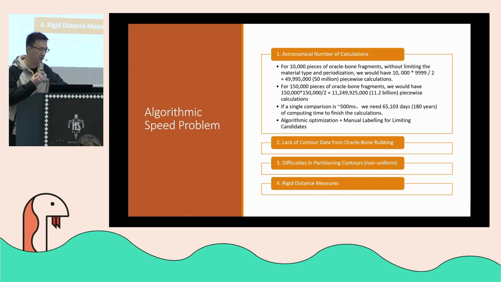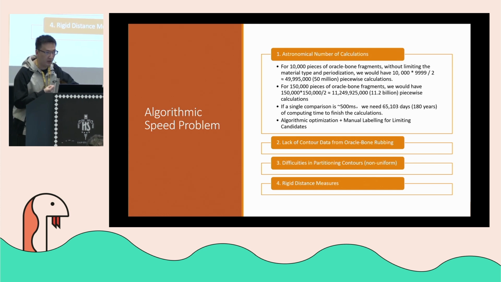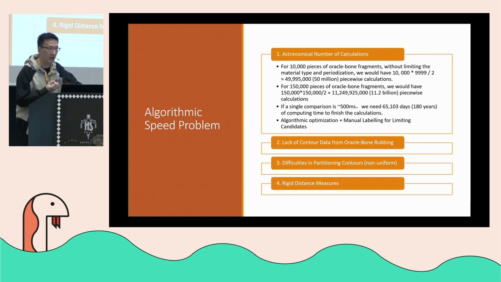So the first and foremost is the sheer number of calculations needed, because given a data set of n pieces, you have n to the power of 2 combinations, because you don't know which 2 are compatible, and you have to do piecewise permutations through all of them.